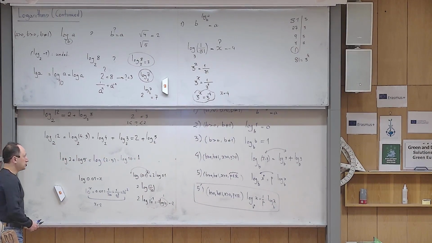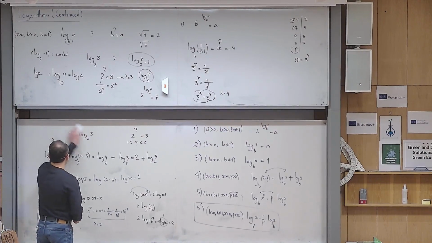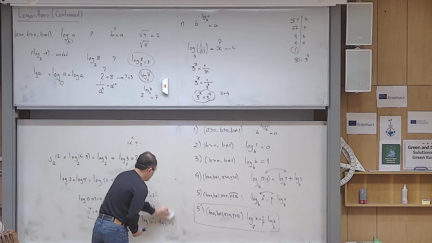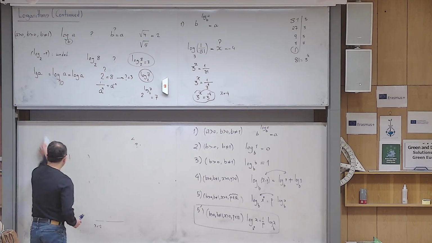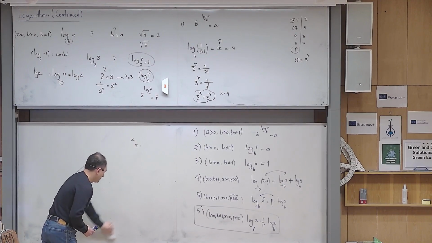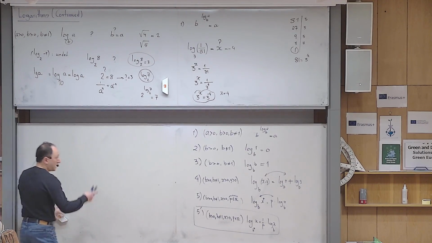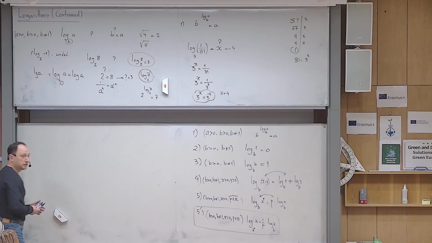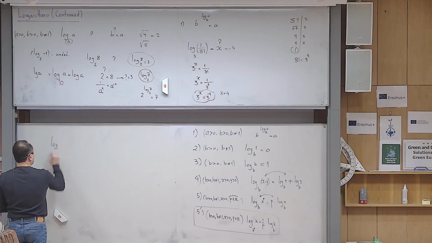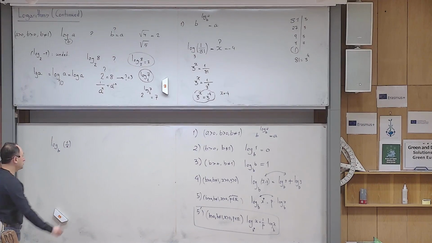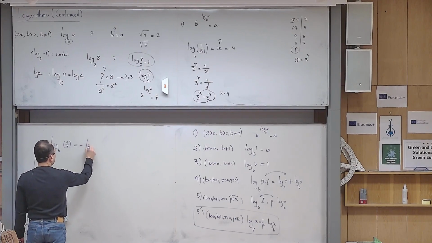But something that I want to add here, and you tell me why: do you think that this is correct to write always? This is important to add. This is not in the formula sheet, but it is important to know about it. If I write a logarithm of 1 over x to any base b, can I write it as minus logarithm of x to the base b?